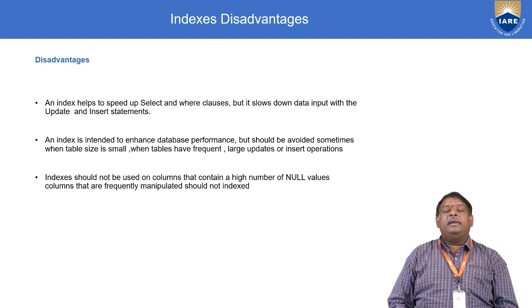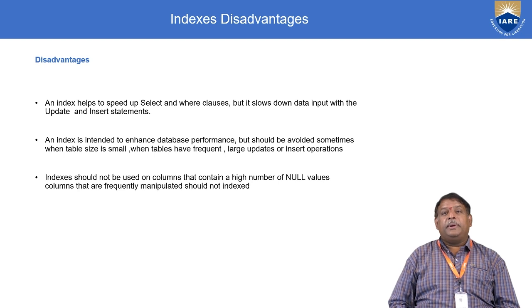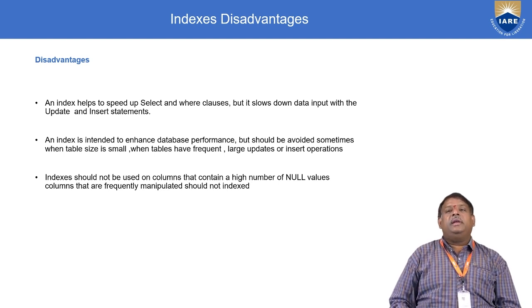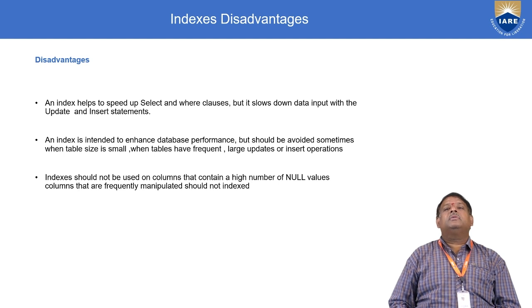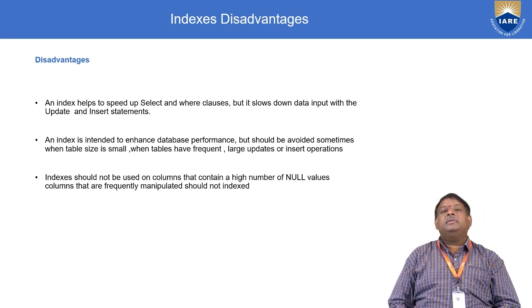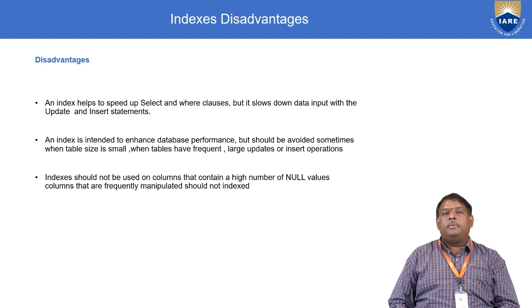An index is intended to enhance database performance, but it should sometimes be avoided: when the data size is small, or when the data has frequent large updates or insert operations. Indexes should not be used on columns that contain a high number of null values, or columns that are frequently manipulated. With all these three conditions, you will have slower performance.